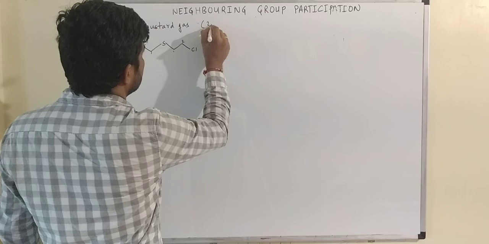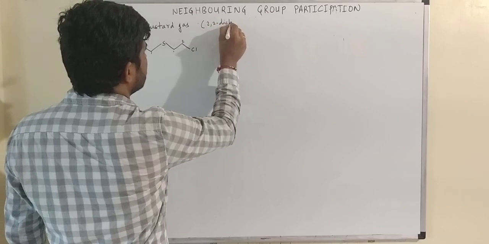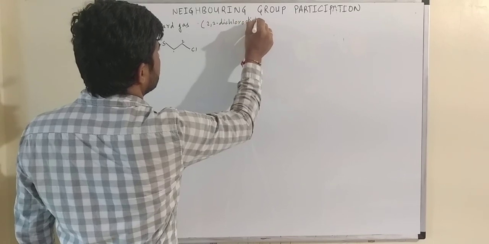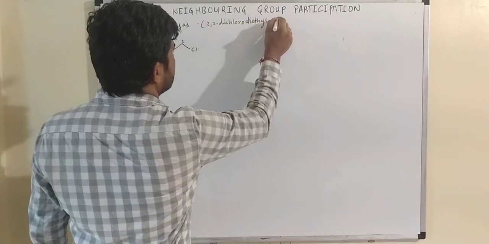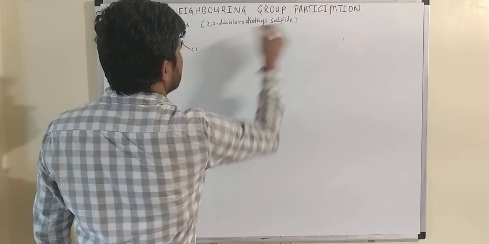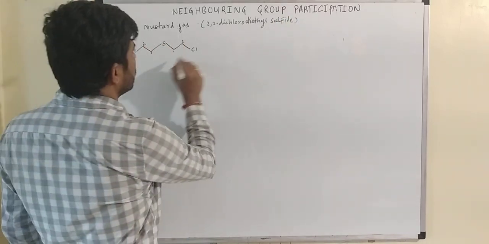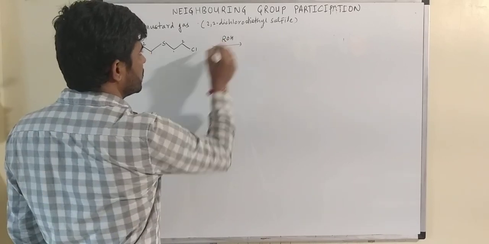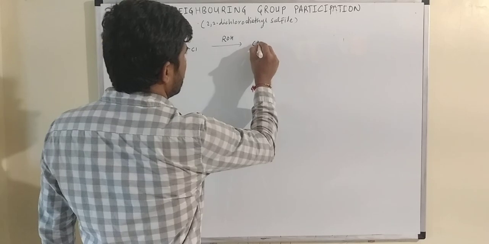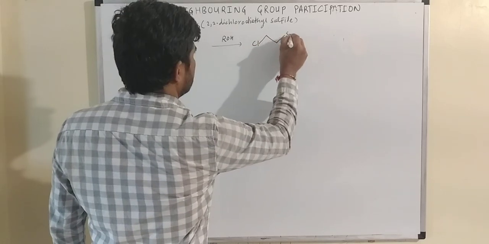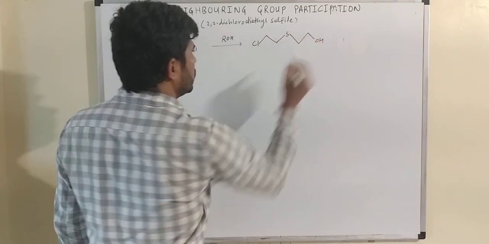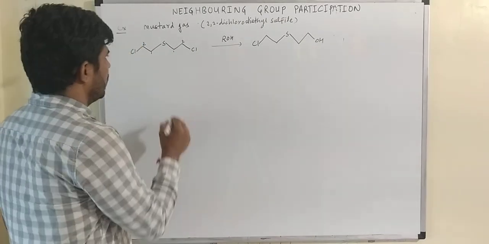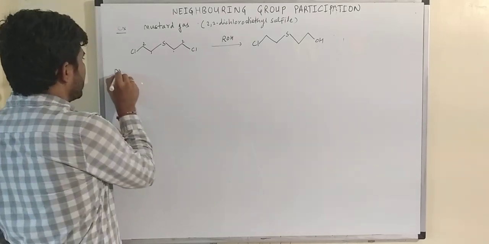So it is nothing but 2,2'-dichlorodiethyl sulfide. This molecule, mustard gas, on aqueous hydrolysis gives the product like that. So this is the product of mustard gas on hydrolysis. So let us consider its mechanism.